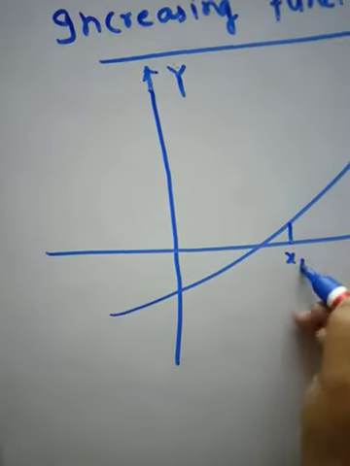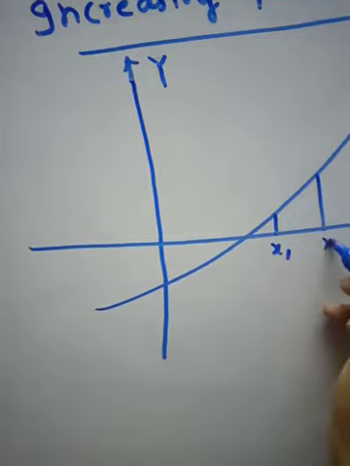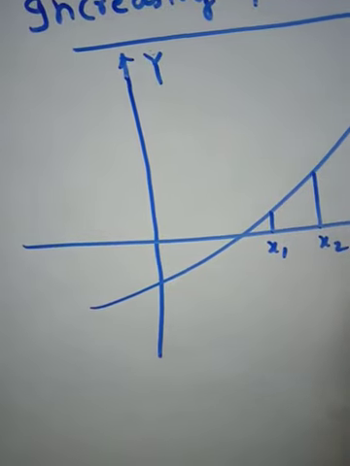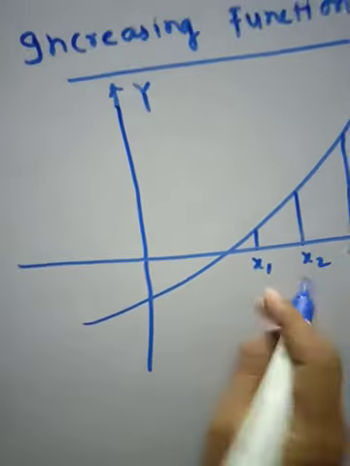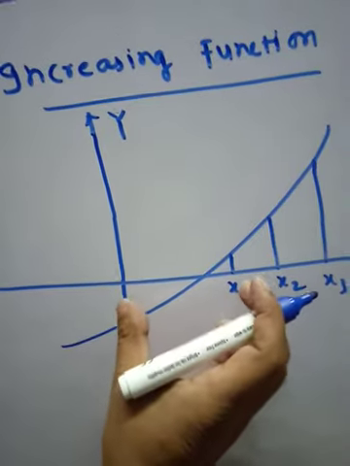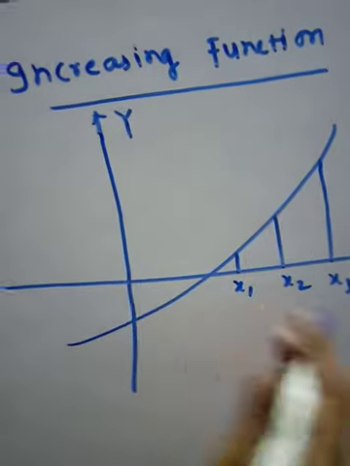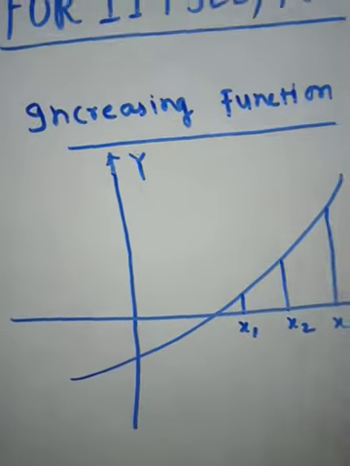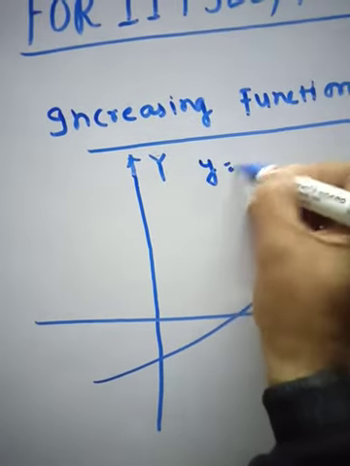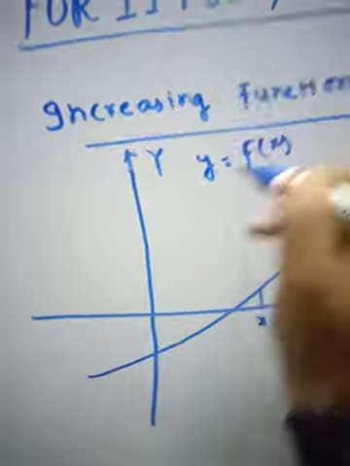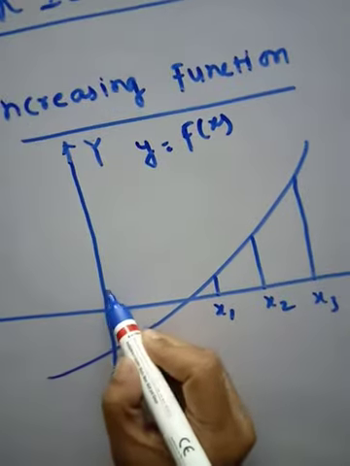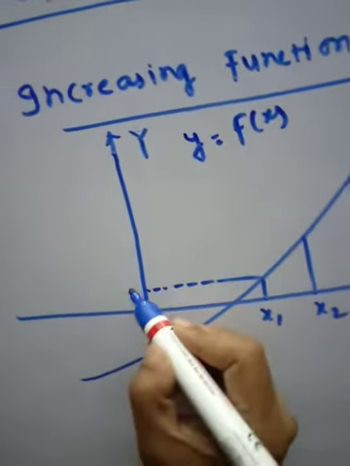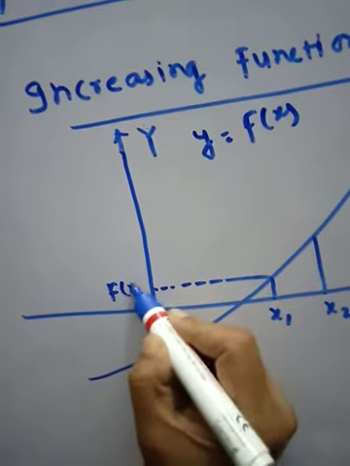Suppose this is x1, this is x2 and this is x3. Here x1 is the x coordinate. So at x1 what is the function value? Suppose we have the function y equal to fx. At x1, the value of the function will be fx1.